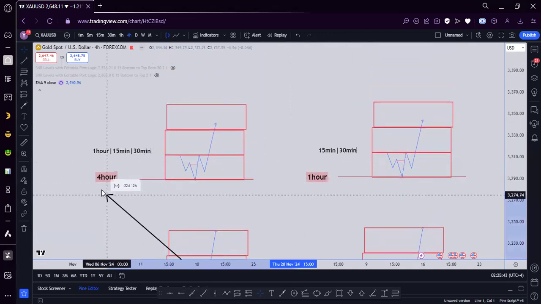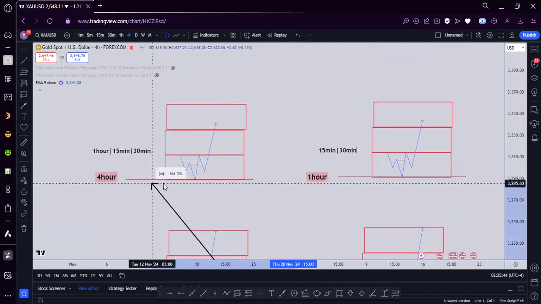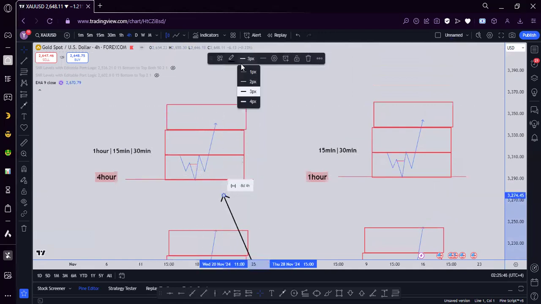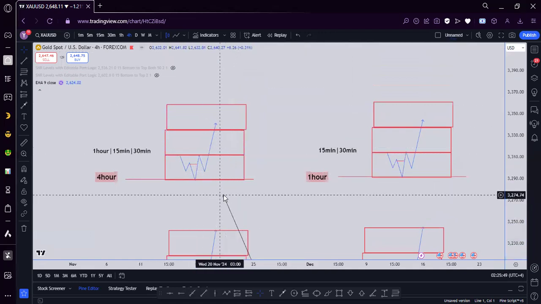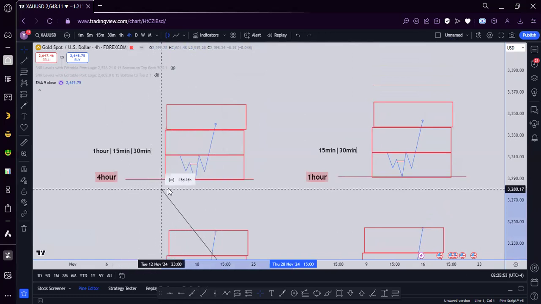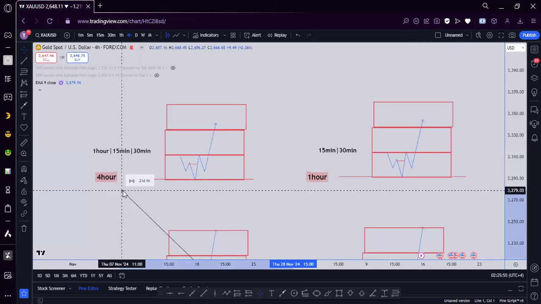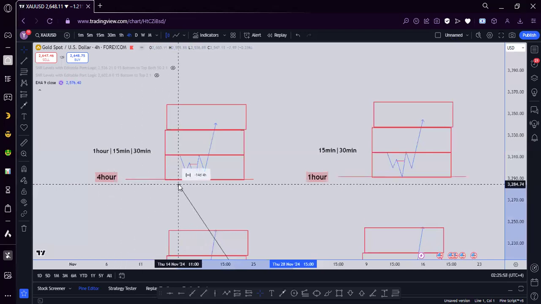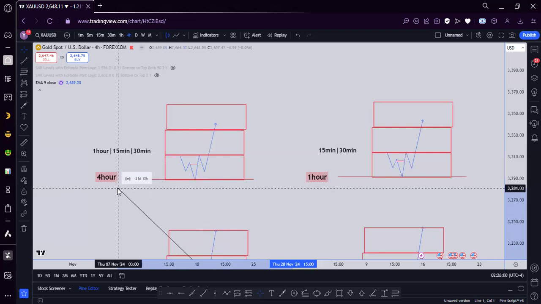Now, for the 4-hour mini classic storyline, we need first a fresh 4-hour level, or a 4-hour level that has a CC. We learned what the CC is.